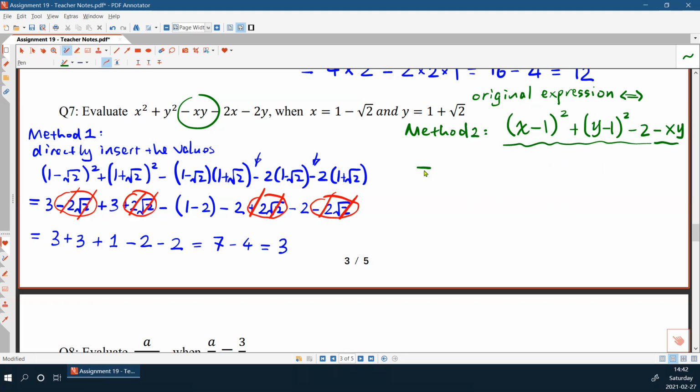Okay, and now we can insert these values. How about the first term? First term is x minus 1, which is just square root 2 squared plus y minus 1 is actually minus square root 2 squared, right? And then you minus 2. And then minus x times y.